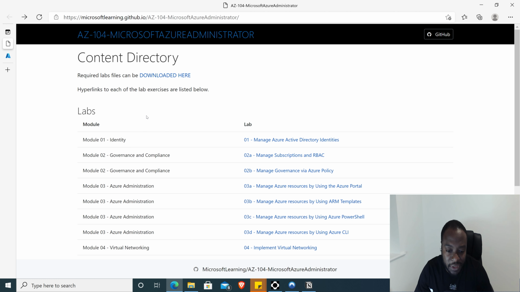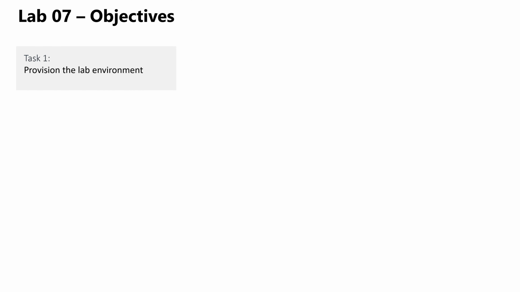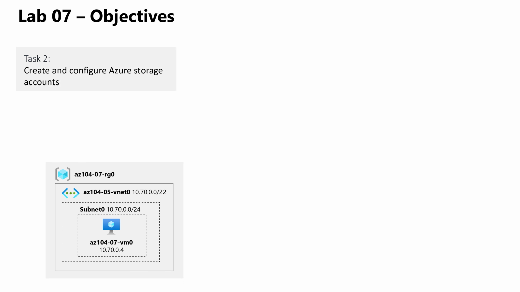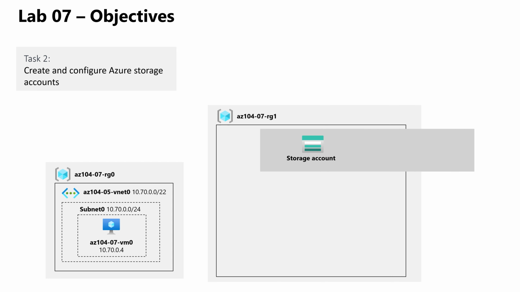Now let's look at the objectives for this lab. For task 1, we're going to provision the lab environment. For task 2, we will create and configure an Azure Storage account. For task 3, we will manage block storage.